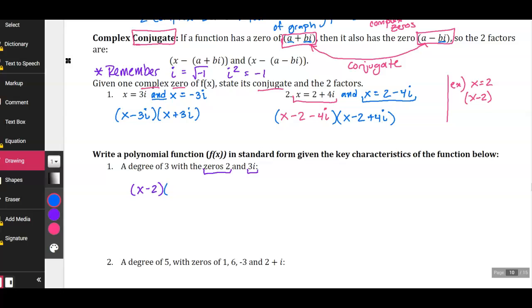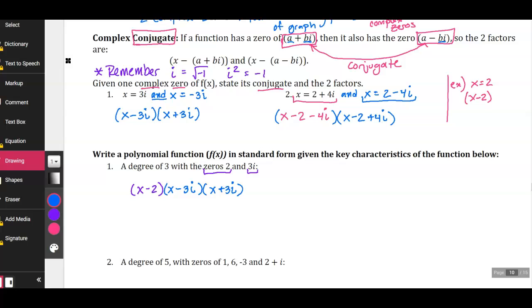What two factors does 3i give us? Yes, exactly. So this 3i gives us x minus 3i, but it also gives us the conjugate x plus 3i. There's always a pair of complex, always, always.